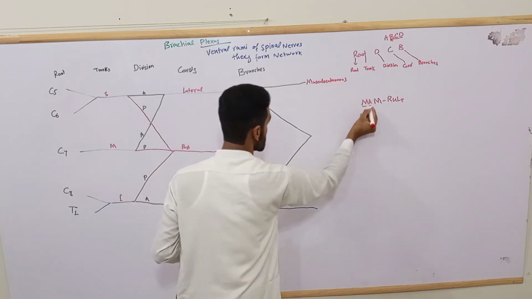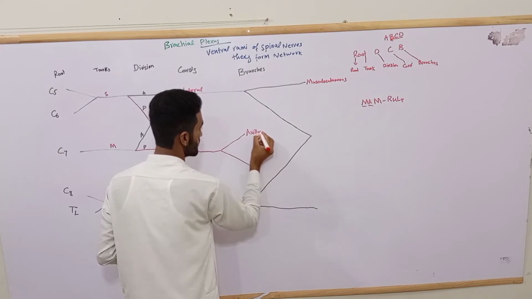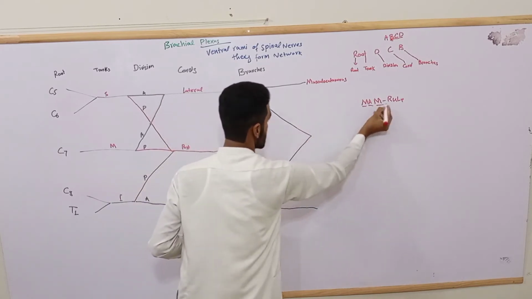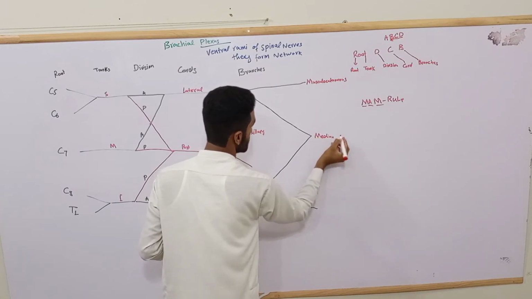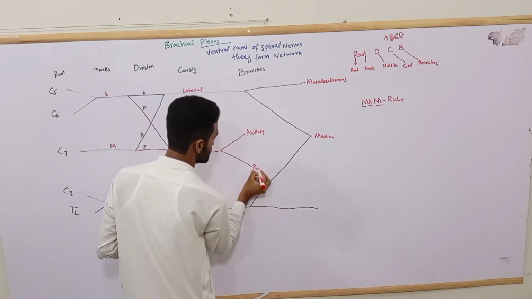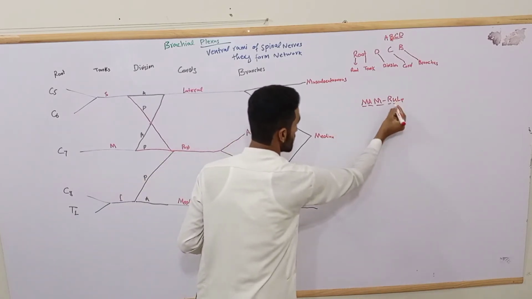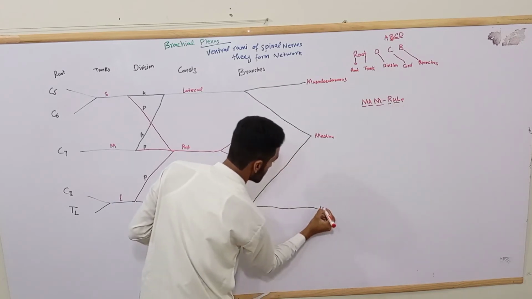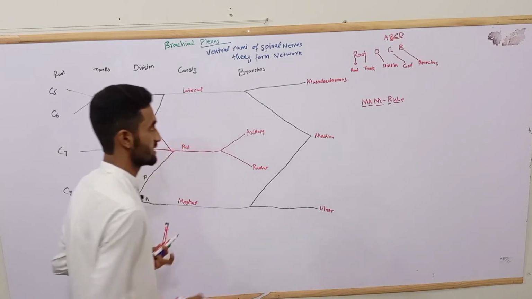And A represents axillary nerve right here. M represents median nerve. Make sense? R represents radial nerve. And U represents ulnar nerve. I think everyone can understand that.